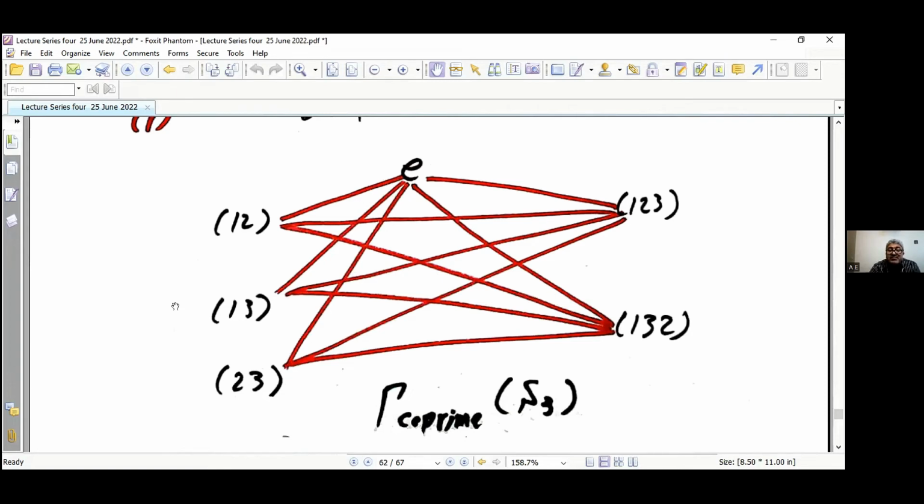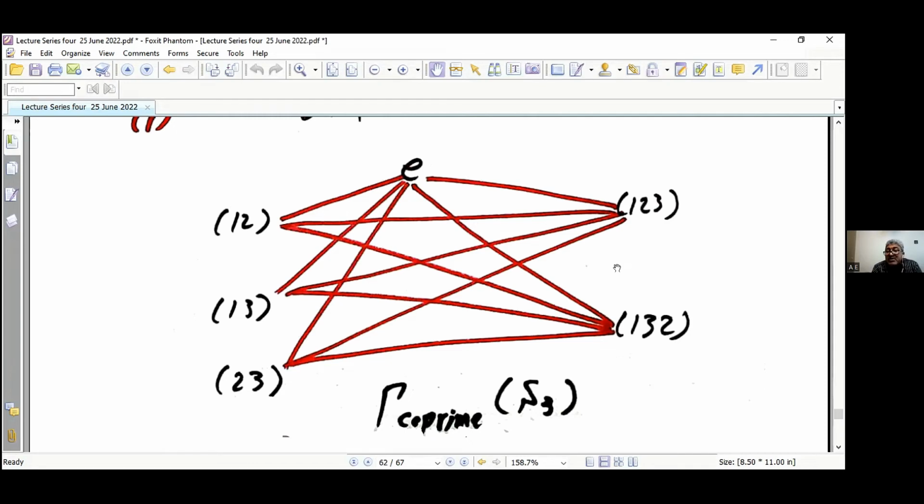As you see, identity is adjacent to each of the other vertices. So identity is adjacent to (1 2), (1 3), (2 3), (1 2 3), and (1 3 2). But we don't have any edge between (1 2), (1 3), and (2 3) because they have order 2 and they are not coprime.